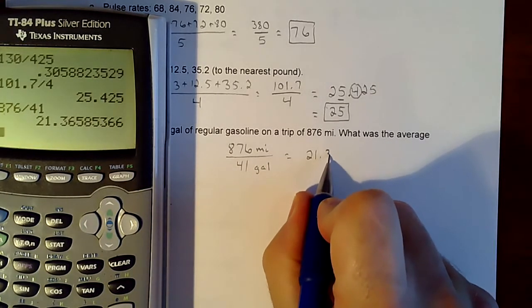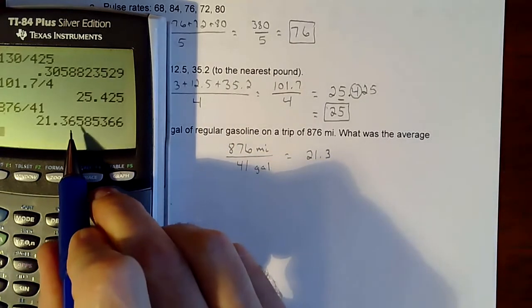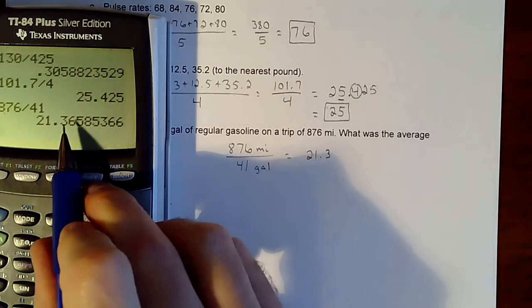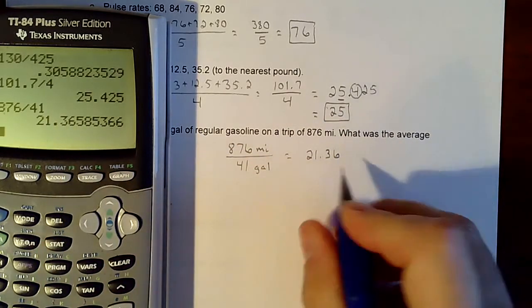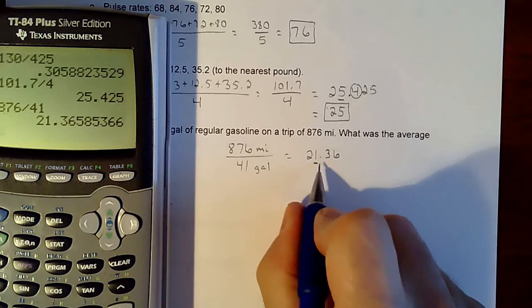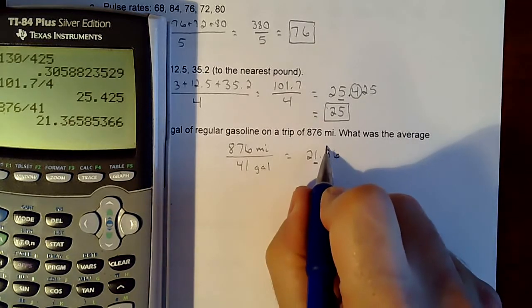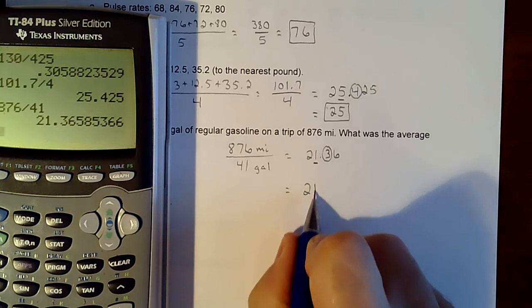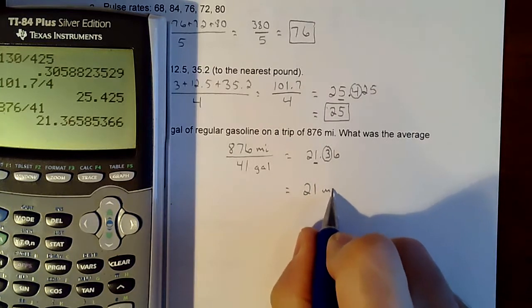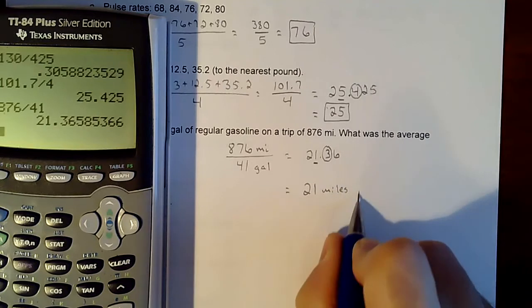We'll take it out 2 decimal places, and then round to the nearest whole number. The 3 is not doing anything to the 21, so it's just 21 miles per gallon.